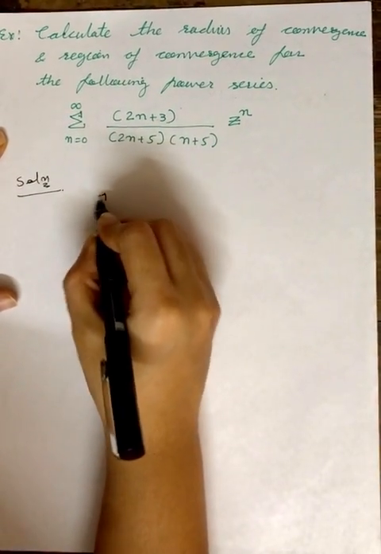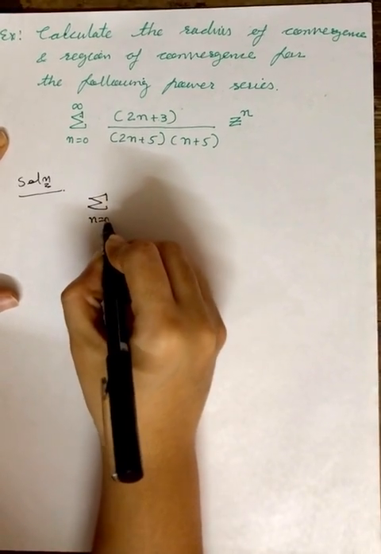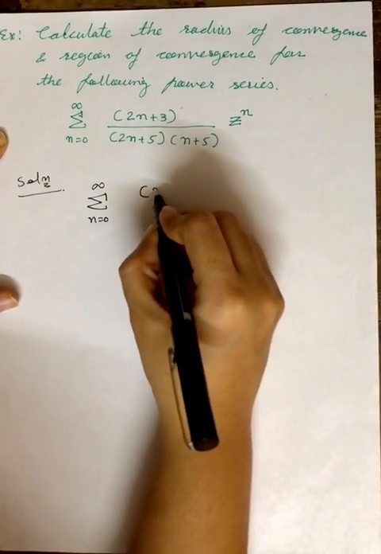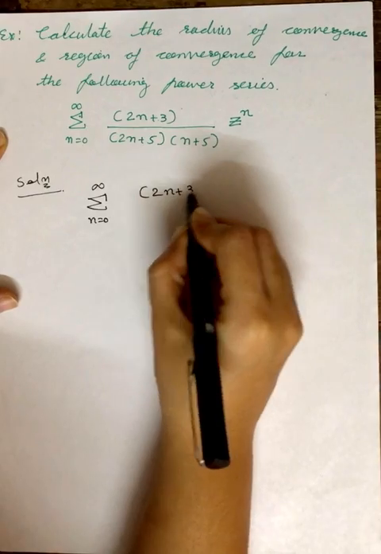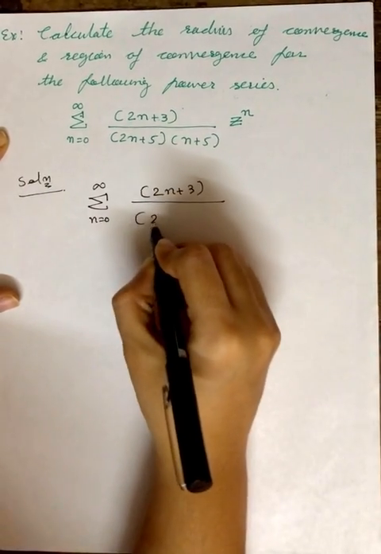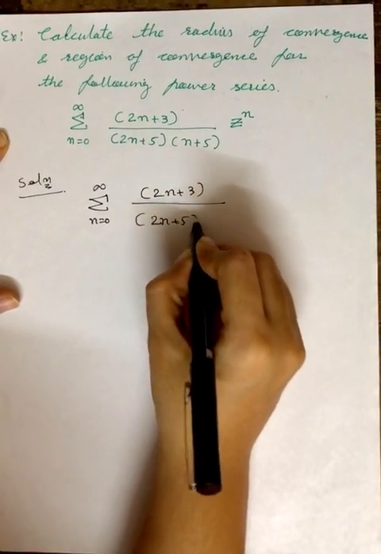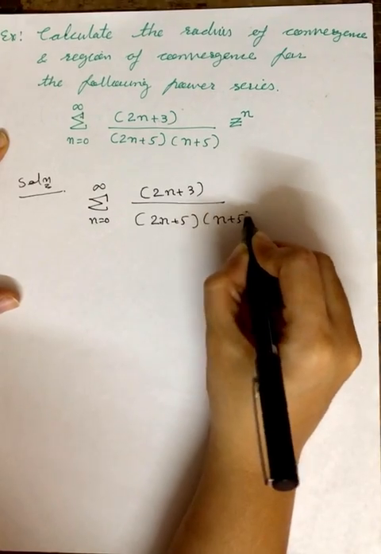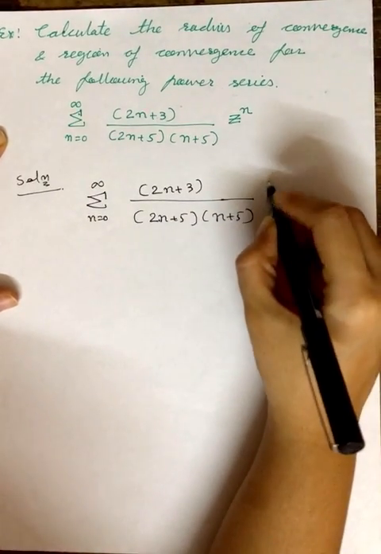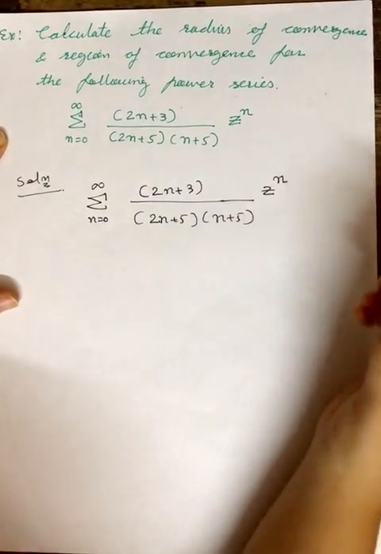This is the series which you are given: the sum from n equals 0 to infinity of (2n plus 3) divided by (2n plus 5)^(n plus 5), into z to the n.